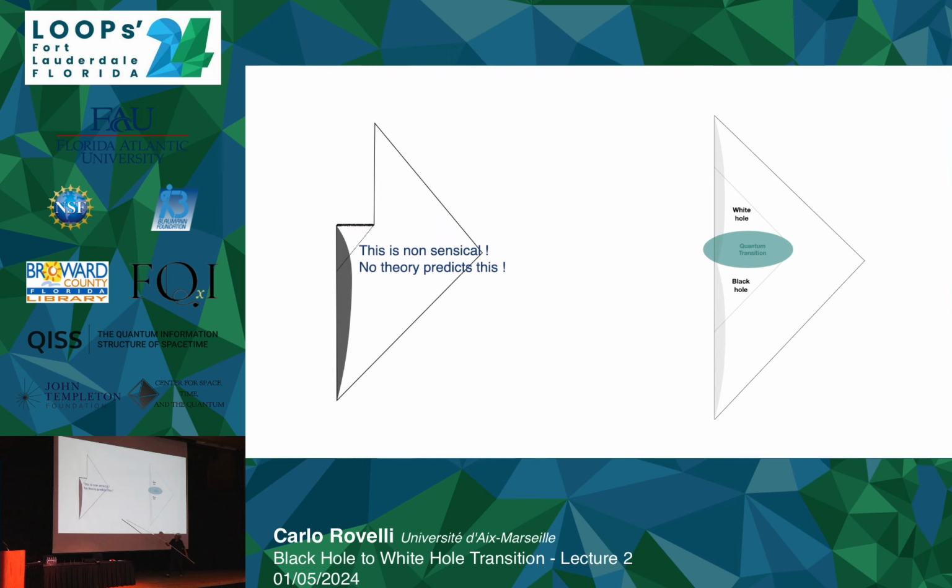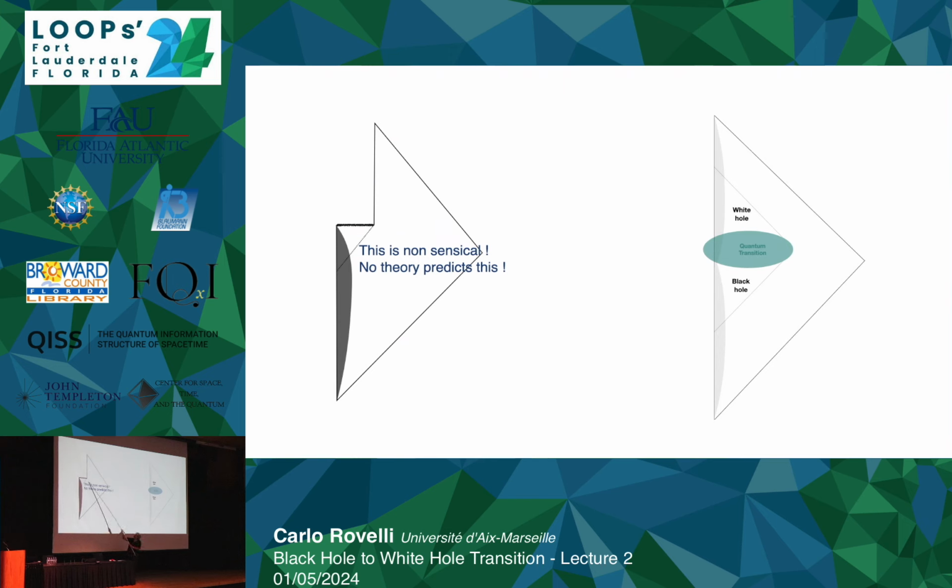And let me just make a parenthesis. This is a picture that is very common in discussing what happens in black hole radiation. This picture, namely the idea that the mass here goes to 0, then there's nothing left, and so we're back in Minkowski. There is no theory that predicts this to happen.